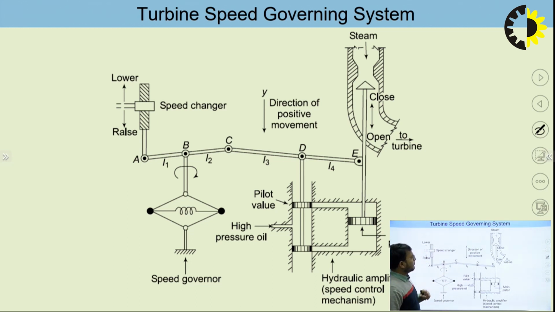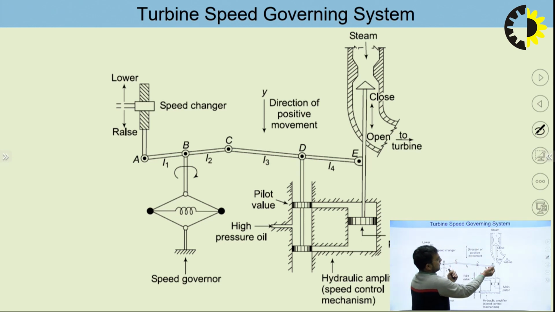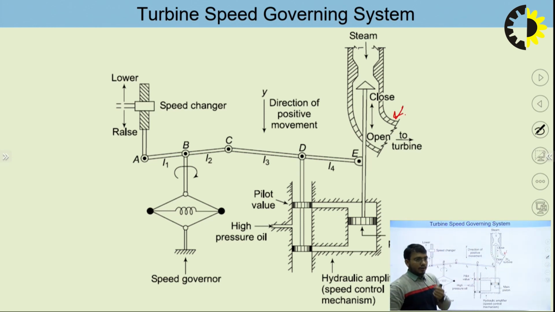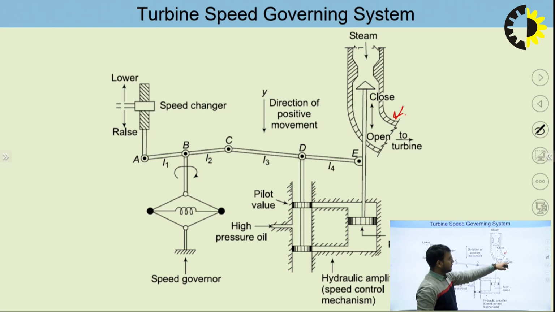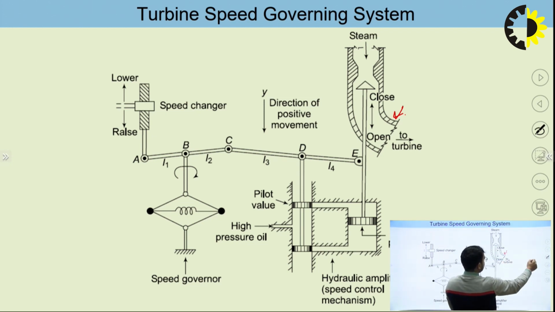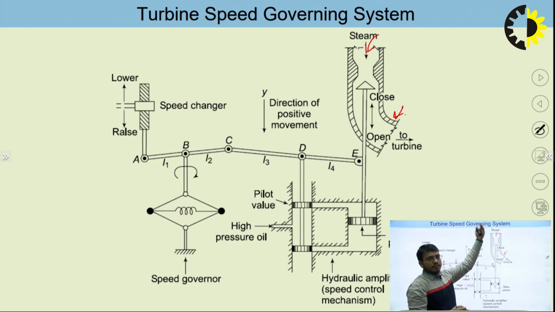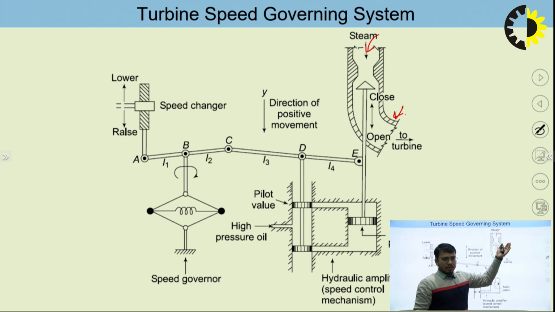This is the opening of the valve from which the steam will come out to the turbine. Here the turbine is connected, and on this turbine the steam is injected from this passage. Steam is input over here, coming from the boiler, where superheated steam will be there.